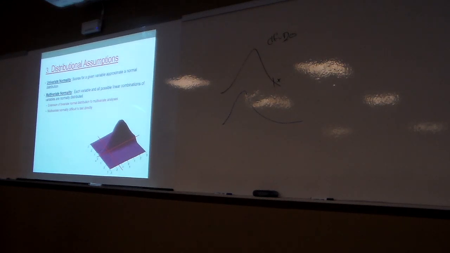And so we talked about bivariate normality, an extension of the normal distribution. Again, if we take a look at this three-dimensional plot, say I have my x variable and y variable, so we've got this Cartesian plane out here.